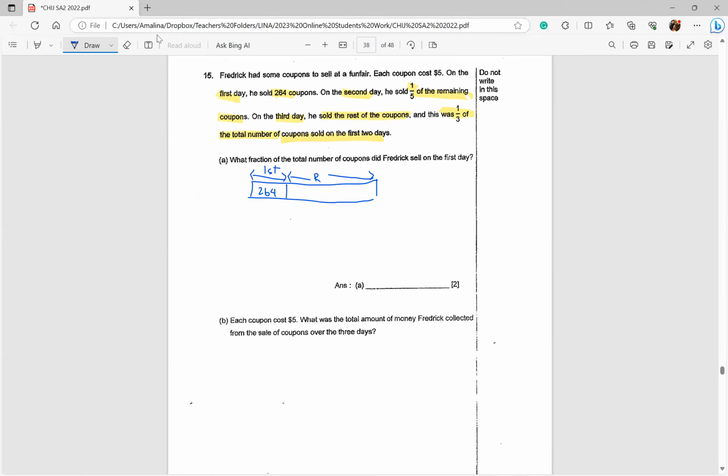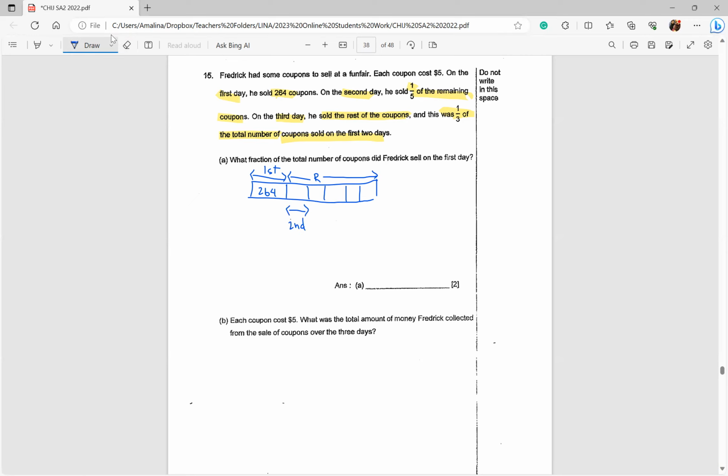For the remainder, I will cut this into 5 parts. So 1, 2, 3, 4, 5. So 1/5 is my second day.